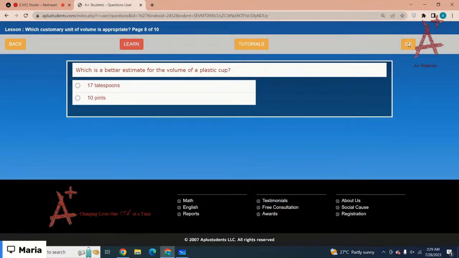Okay, which is a better estimate for the volume of a plastic cup? 17 tablespoons or 10 pints? Which is the correct option?